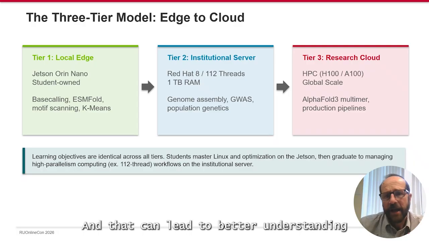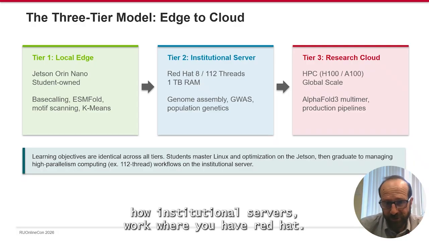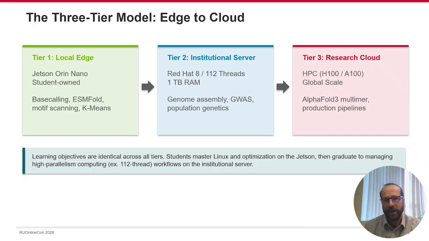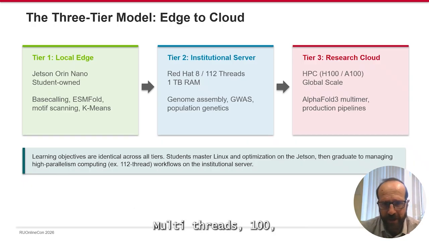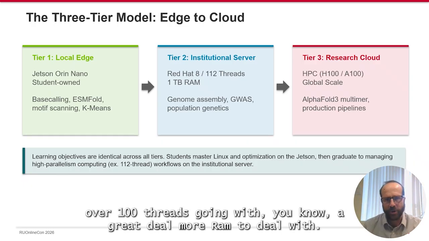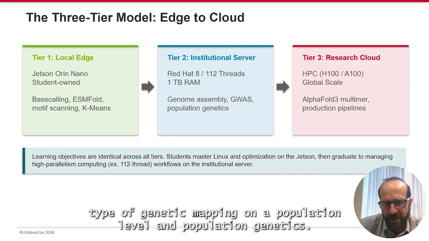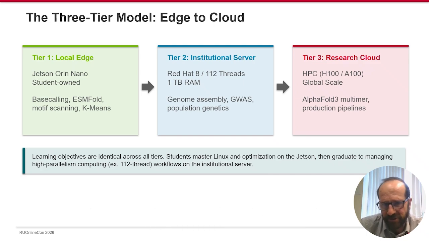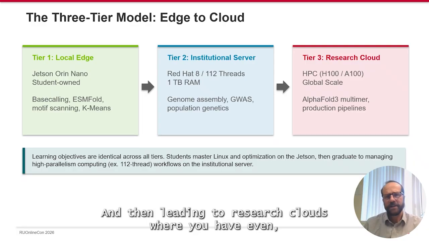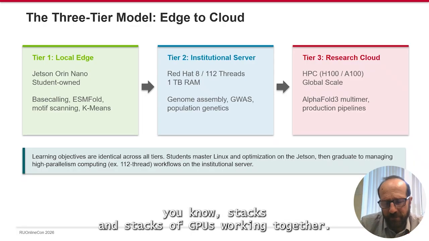And that can lead to better understanding how institutional servers work, where you have Red Hat, multi-threads, over 100 threads going with a great deal more RAM to deal with. That would be the case where you're doing genome assembly, GWAS, which is a type of genetic mapping on a population level, and population genetics. And then leading to research clouds where you have even stacks and stacks of GPUs working together.